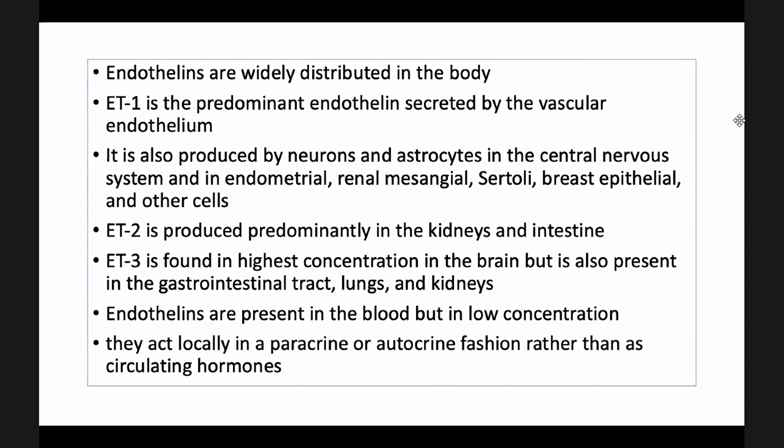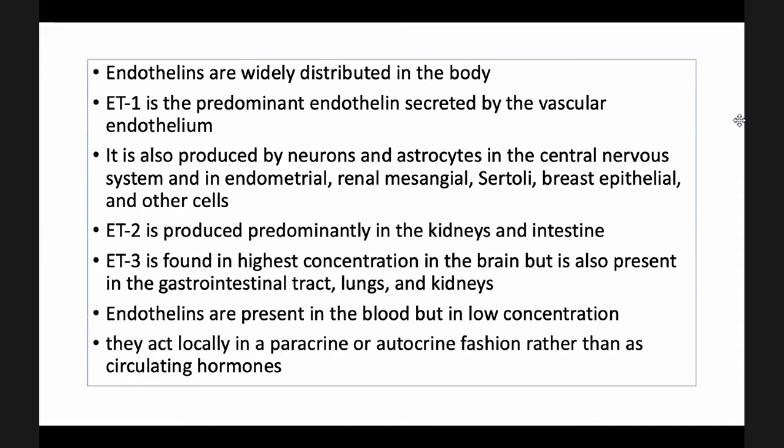ET1 is the predominant endothelin secreted by vascular endothelium. It is also produced by neurons and astrocytes in the CNS and in the endometrial, renal, mesangial, Sertoli, breast epithelial, and other cells.